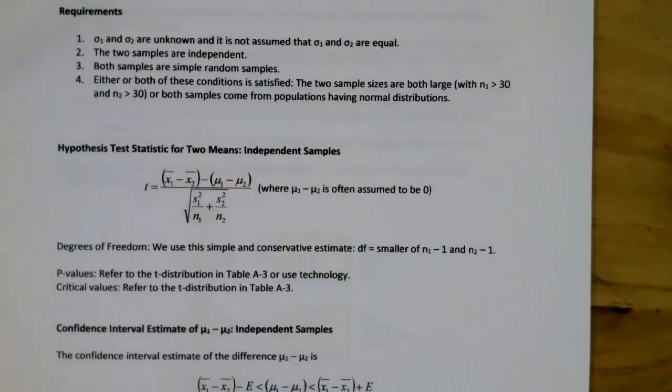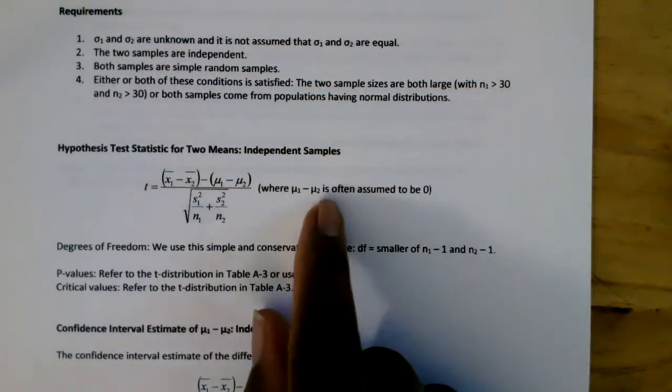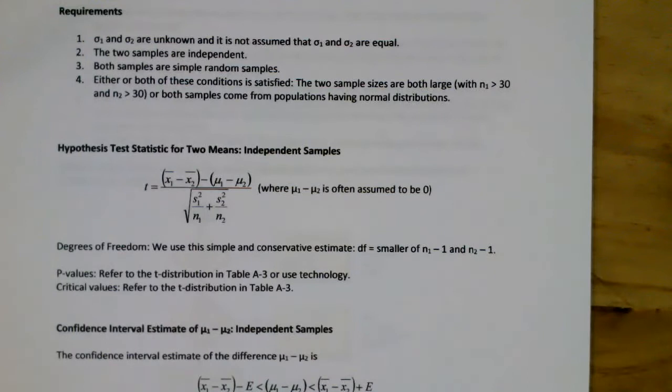Here, mu sub 1 minus mu sub 2 is often assumed to be 0. That usually comes from the null hypothesis, where mu1 is equal to mu2, and if that's the case, then the difference will be equal to 0.